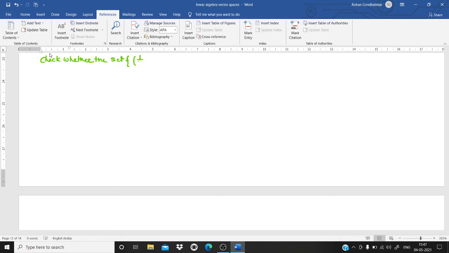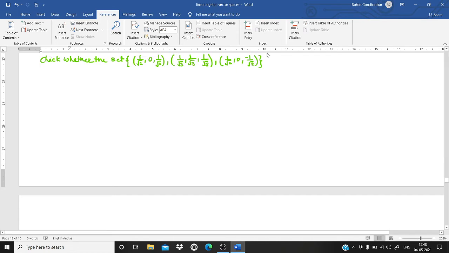The first vector is 1 by root 2, 0, 1 by root 2. The second vector is 1 by root 3, 1 by root 3, 1 by root 3. The third vector is 1 by root 2, 0, minus 1 by root 2. So this is a set of 3 vectors in R3.